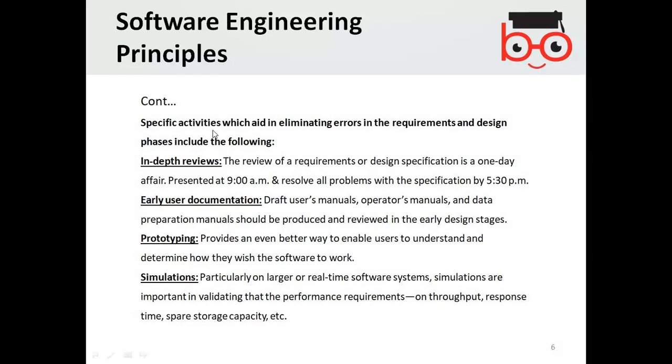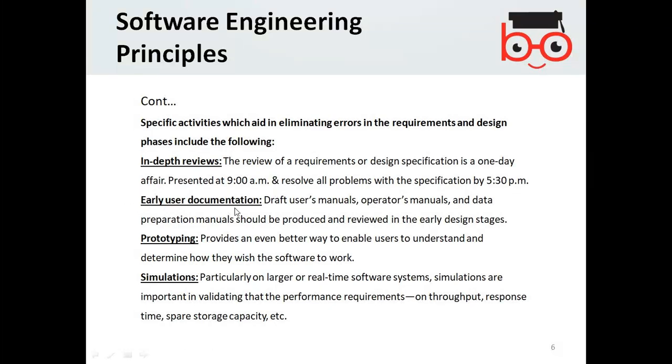Furthermore, specific activities which aid in eliminating errors in the requirements and design phase include in-depth review, early user documentation, prototyping, and simulation. The in-depth review will give you an insight into the software components to be reviewed.